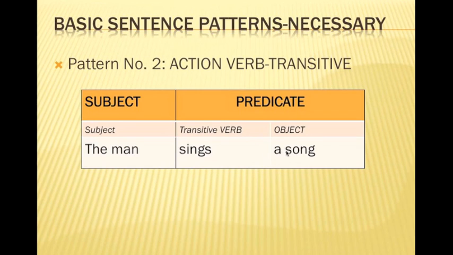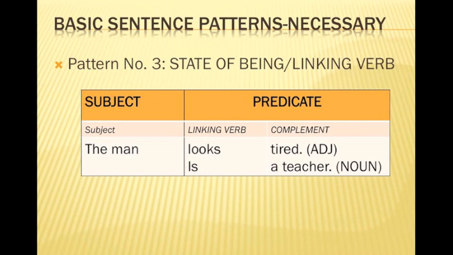So in this case, the predicate is going to include at least a verb and an object idea. In our third basic pattern, the predicate this time includes a linking verb, but then also includes a complement. And as we said before, there are two kinds of complements: an adjective complement and a noun complement.